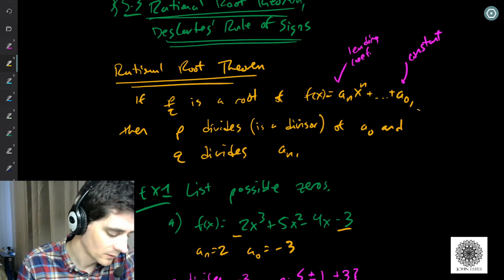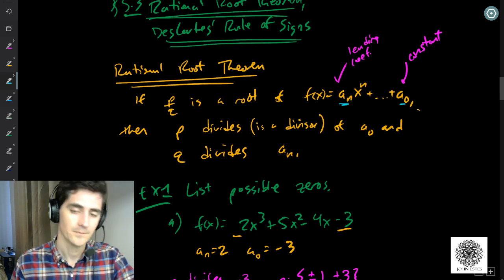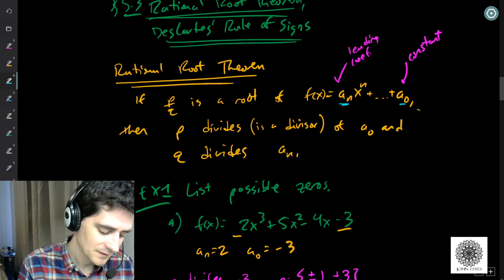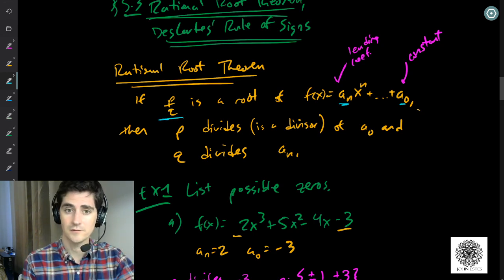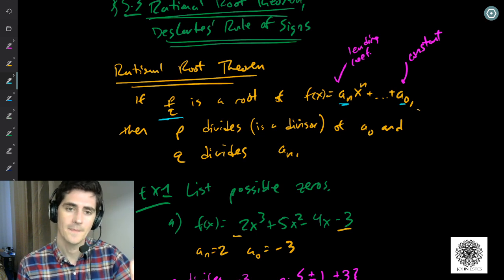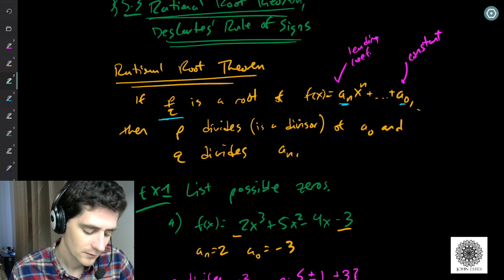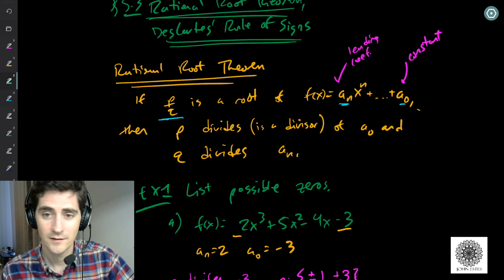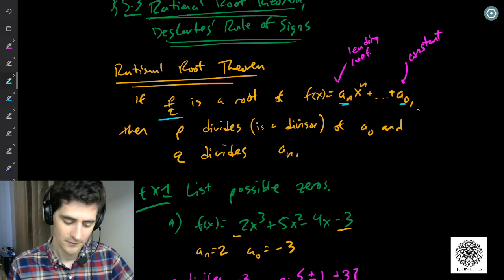All we're caring about at this moment is the leading coefficient and the constant term. If you have a rational root, which is a fraction, p over q, a rational number, that's why we call it the rational root theorem. If p over q is a root of this polynomial, then the numerator of my root divides the constant term, and the denominator divides the leading coefficient.